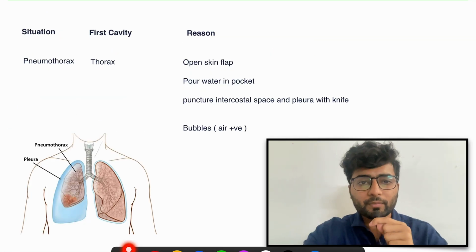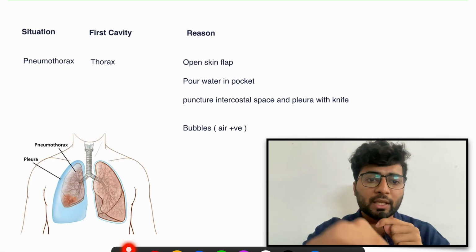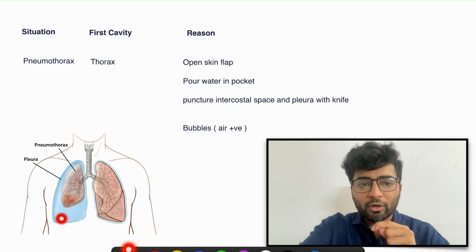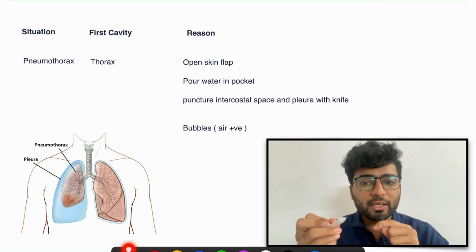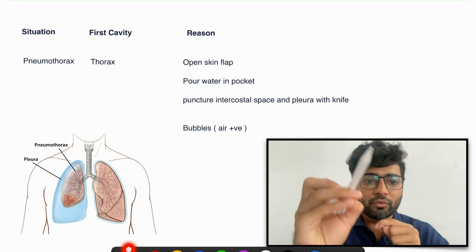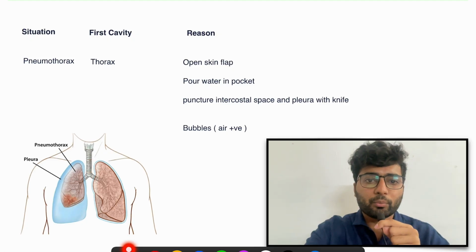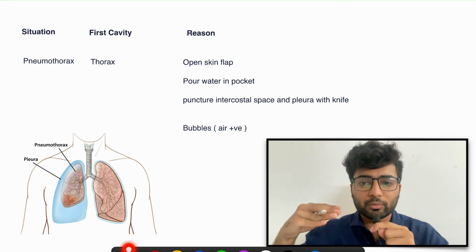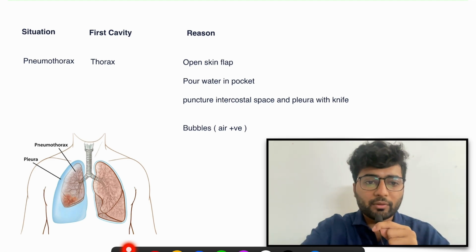Let's see. So in pneumothorax, we know that there is air over here. What do we have to identify? We have to identify this air presence, right? So we'll open the skin flap, then we'll open the sternum, and then we'll pour water in this pocket. Whenever the water is present in this pocket, then we will incise the intercostal space.